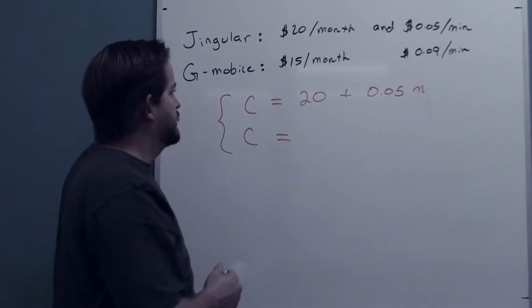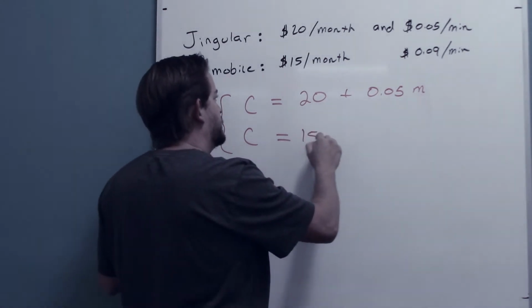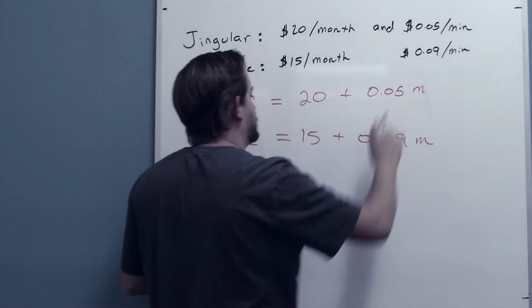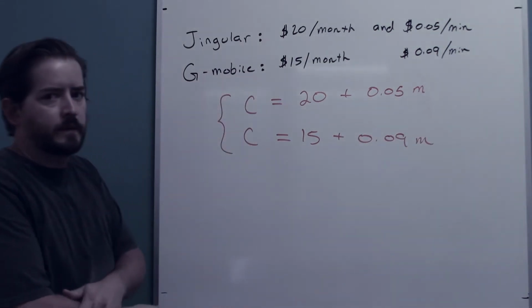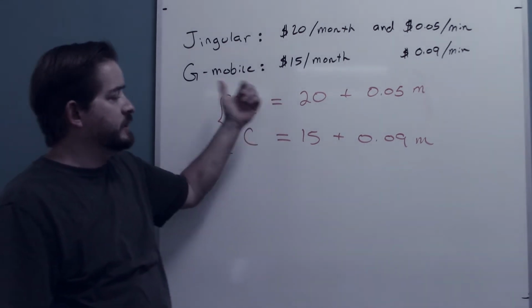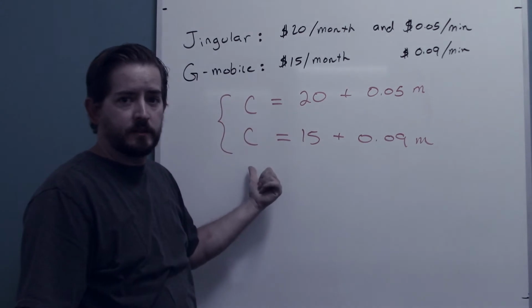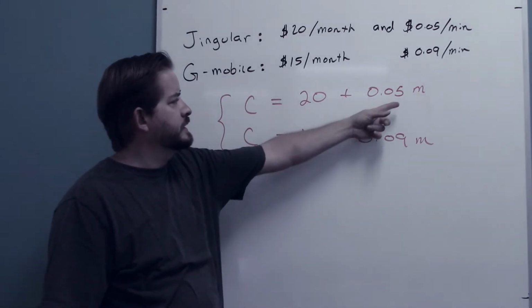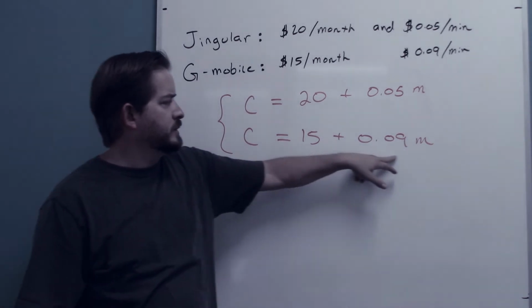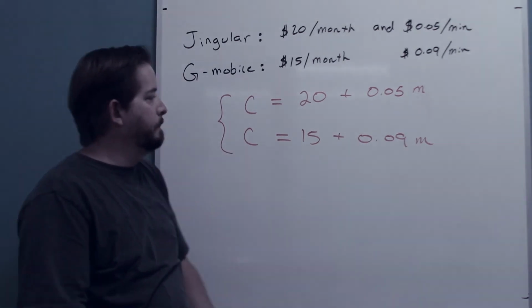The other equation here is 15 plus 0.09 m, right? And that's my system. The cost of plan 1, which I want to be the overall same as the other cost here, is equal to 20 plus 5 cents multiplied by the minutes. And the cost of plan 2 is 15 plus 0.09 m, right?